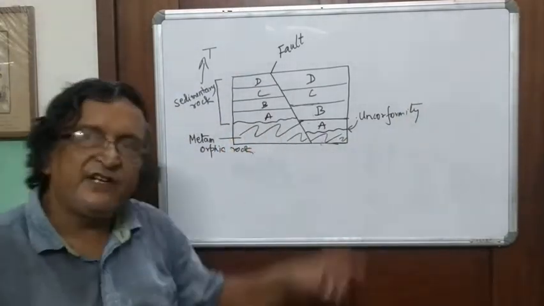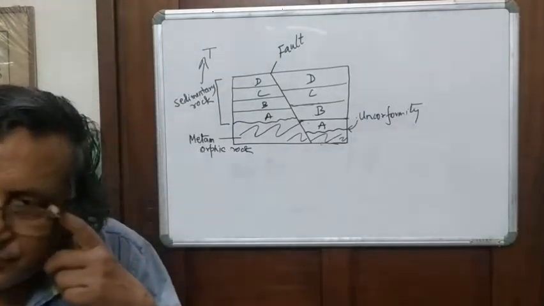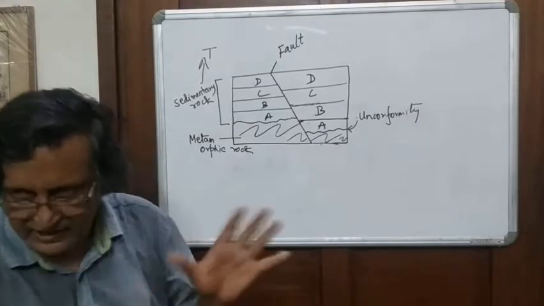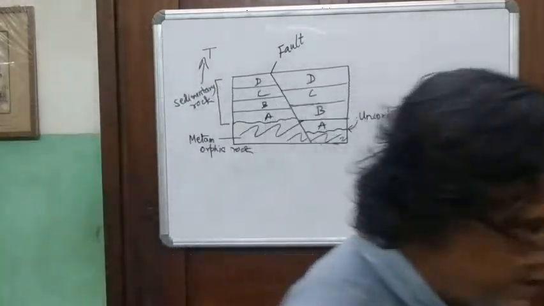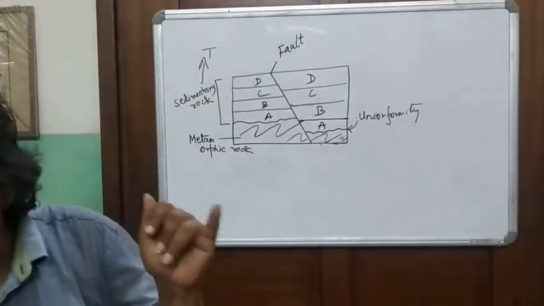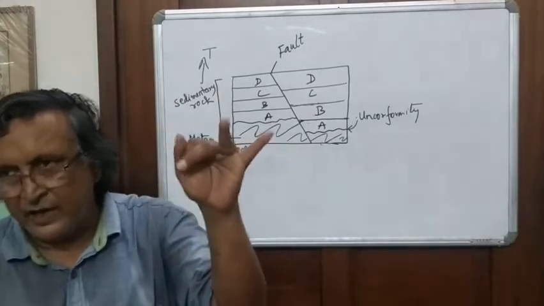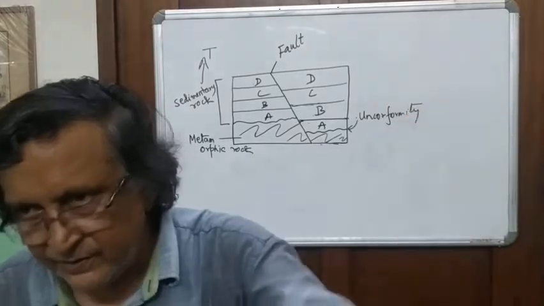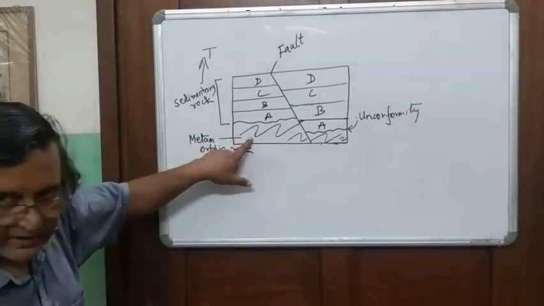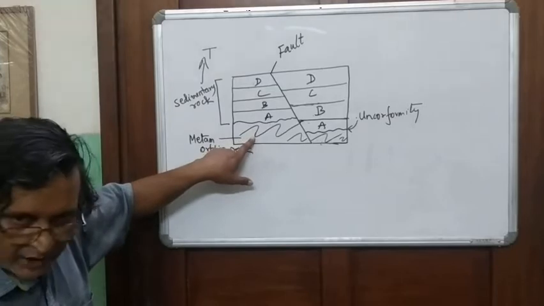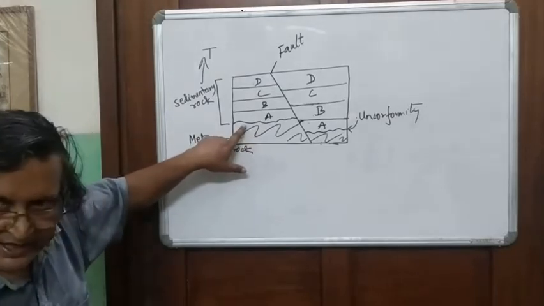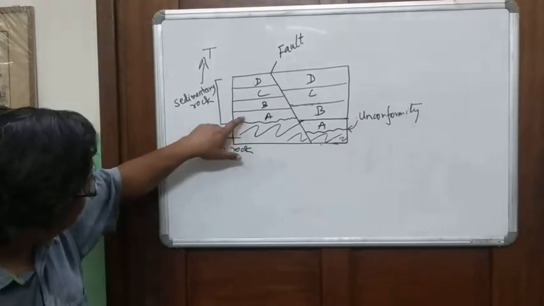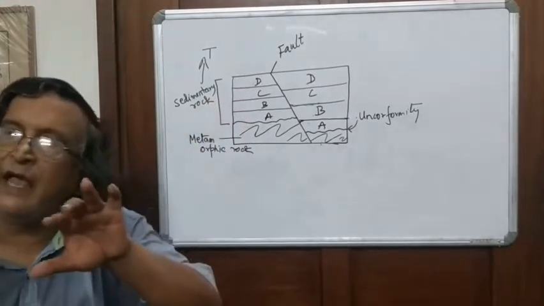What is the type of unconformity here, if somebody asks you? There are three I told you. Let us keep it at three and not paraconformity: non-conformity, angular unconformity, and disconformity. This is the contact of a metamorphic rock underlying an unconformity and a set of sedimentary rocks lying above the unconformity.